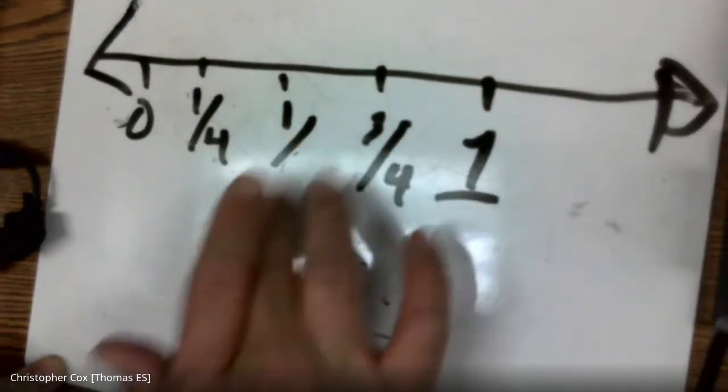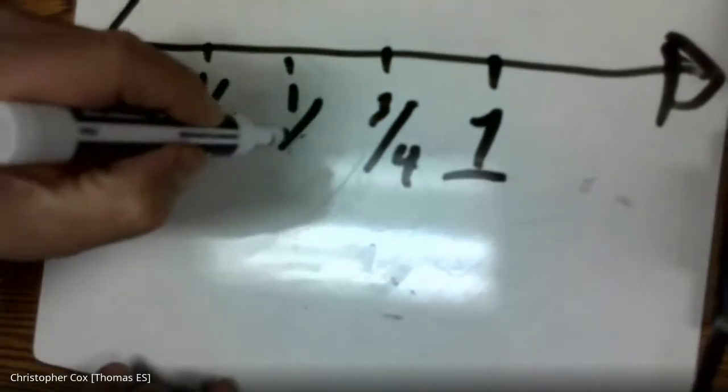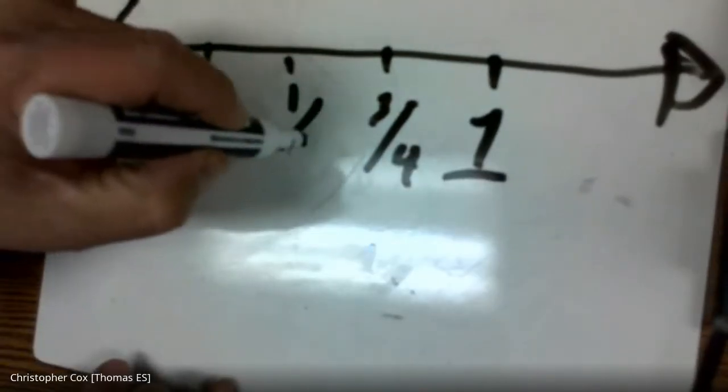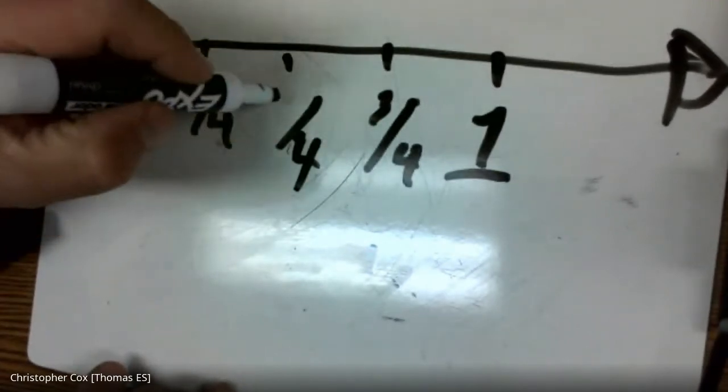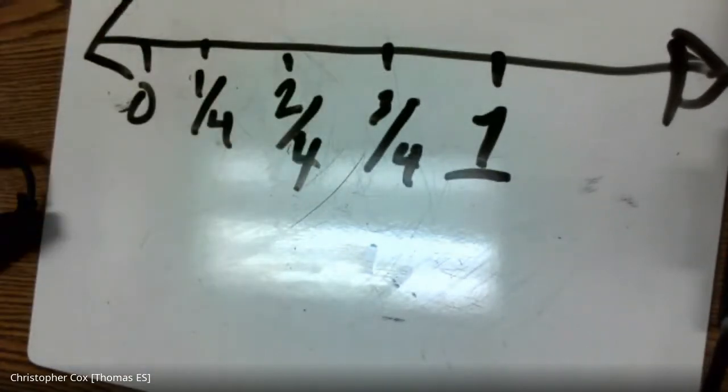What I recommend people do is just stay where you're comfortable. If you want to count by fourths and that is easier for you, go ahead, because otherwise it's going to send you into a tailspin of confusion.